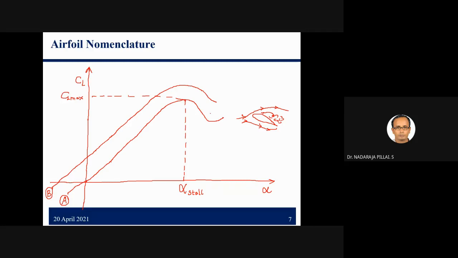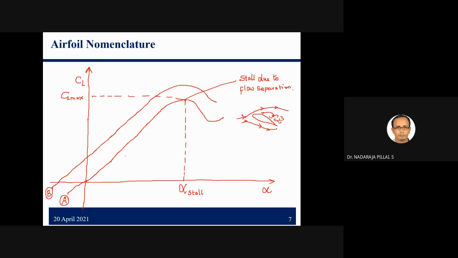And in general, the drag may be increasing, right? Okay, so this is the stalling. So stall, I can say, is stall due to flow separation.